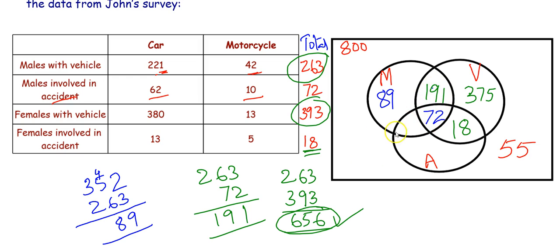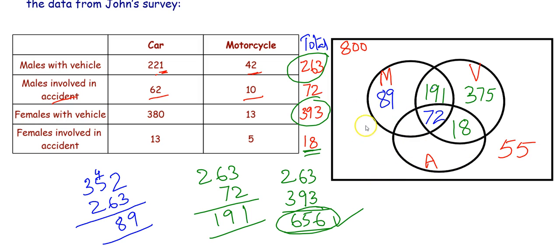Basing on that, you can find the probability of a student who is involved in accident, by dividing the number of students involved in accident by the total number of students who own a vehicle. So likewise, whatever information you are seeking can be obtained by making use of this Venn diagram.